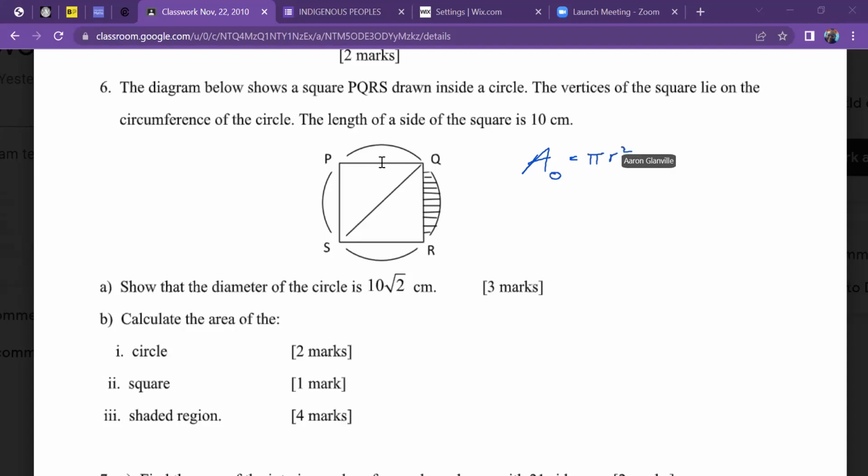Excellent. So what is r equal to? Wouldn't it be 7? It is equal to the diameter divided by 2. What is the diameter?